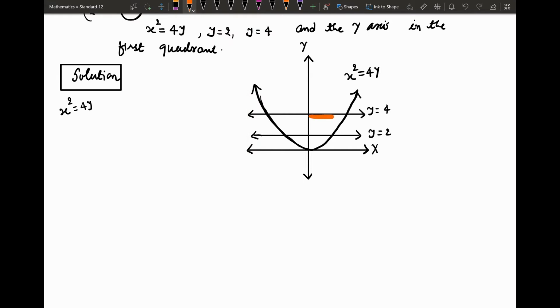So you can observe this is the area which lies in the first quadrant, and we have to find the area of this region.